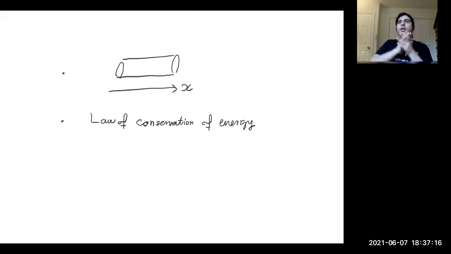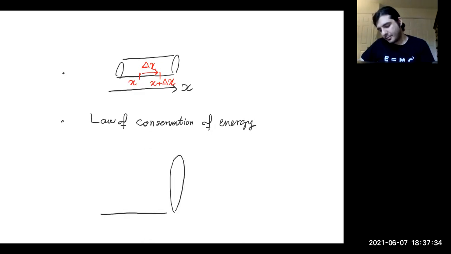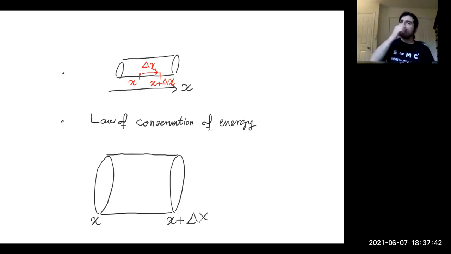So if we look at a small part of this rod, for example, let's say here we have a point x, and we move forward by delta x to get to another point x plus delta x. Let's just focus on that specific part. Let's say this is x, and this is x plus delta x. The rod continues, but I'm just focusing on this part.